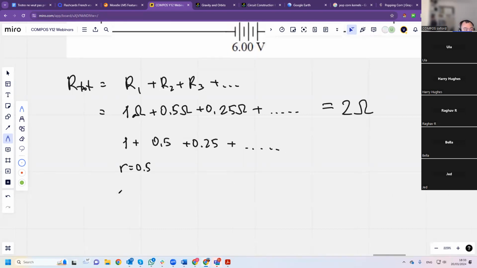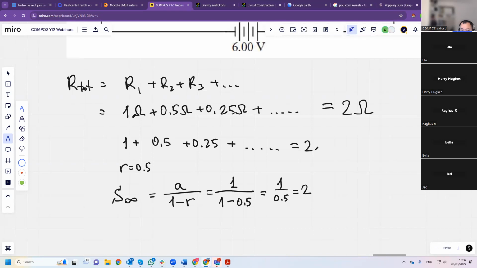And the sum to infinity of a geometric sequence, there's a formula, is the first term divided by 1 minus r. So the first term is 1 divided by 1 minus r, 0.5, which makes it 1 divided by 0.5, which makes it 2. So the sum to infinity is 2 ohms.